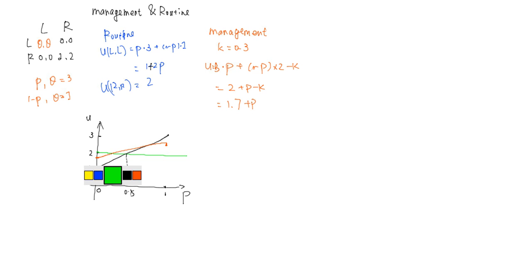Notice an interesting property here. Let me graph it better. This is the RR routine, this is the LL routine, and this is management.